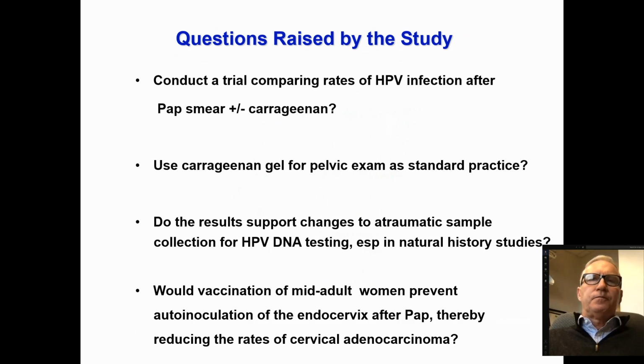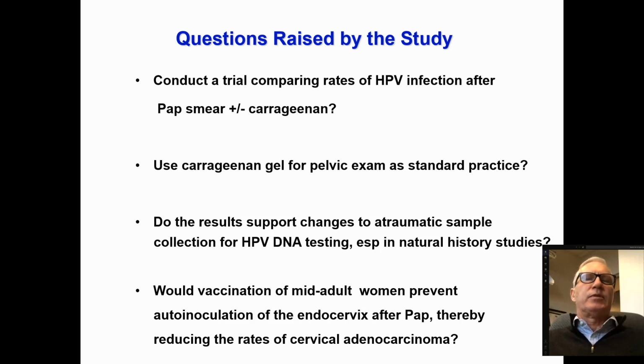So next slide. Some questions to discuss the implications of this study and what to do next. We've thought about whether we need to conduct a trial to compare the rates of HPV infection with Pap smear plus or minus carrageenan. And don't forget, the carrageenan was just put on the glove.